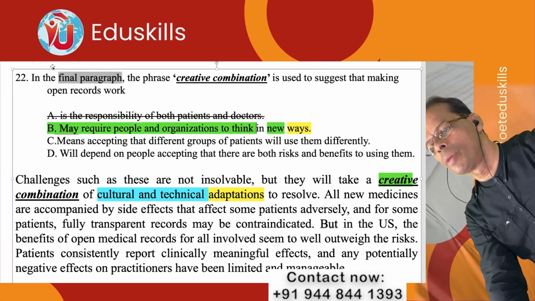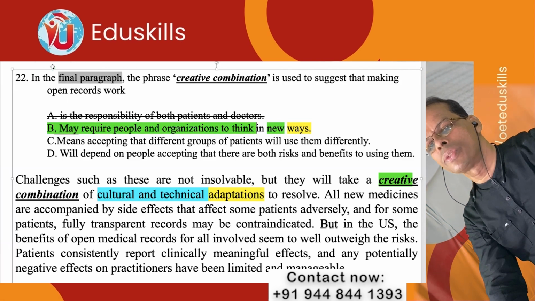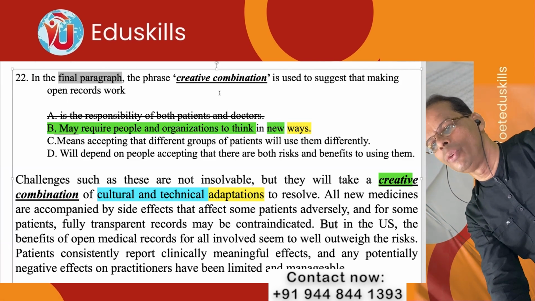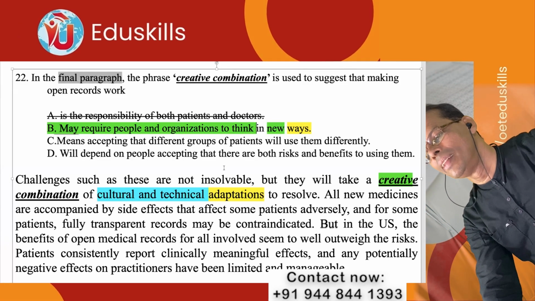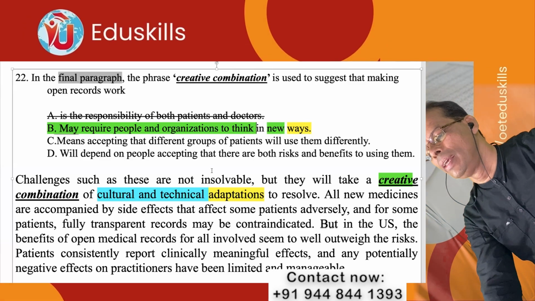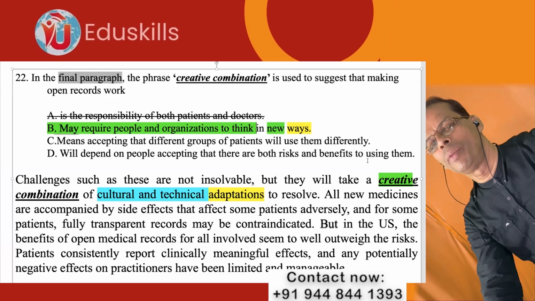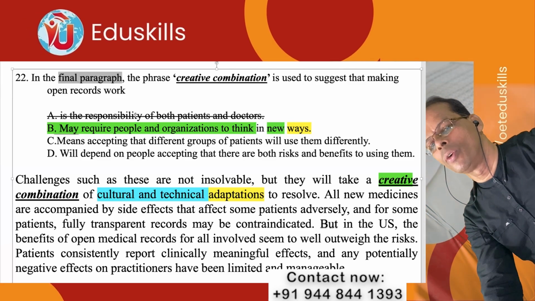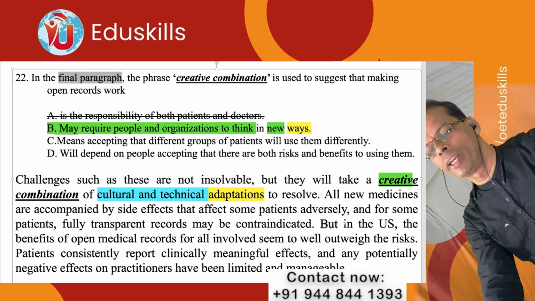The third one means accepting that different groups of patients will use them differently. No, different groups cannot use them differently. These are all just health records. The fourth: will depend on people accepting that there are both risks and benefits to using open records. Does it speak about benefits and risks of open records?